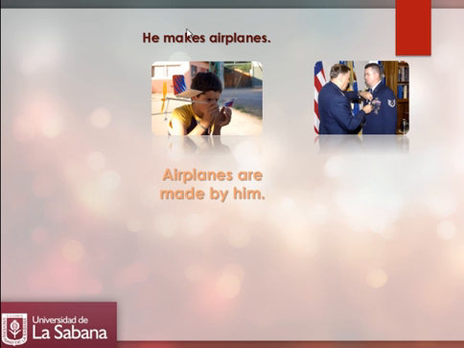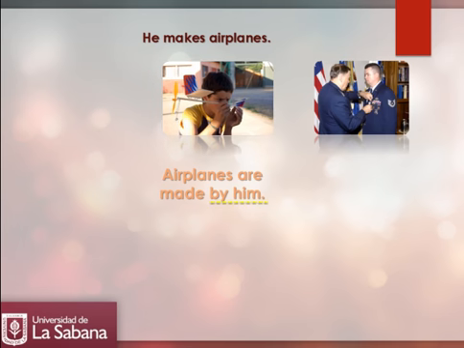But since the original active sentence is in the present simple tense, we need the present form of the verb to be, and it's am, is, or are. But since the subject is airplanes, we need the verb to be are. So we have airplanes are made.